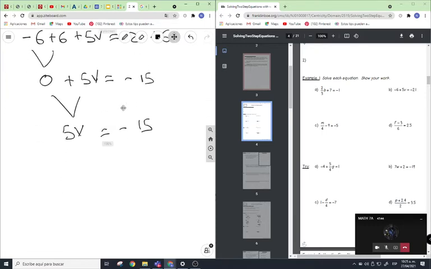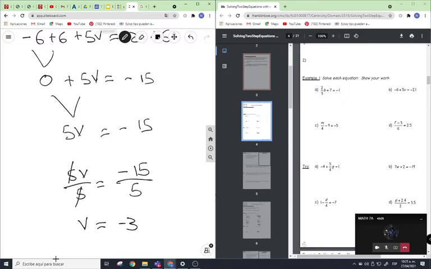Now we have to get rid of the 5, and since it is multiplying, we have to divide by 5. Okay, and we also have to do the same on the other side to maintain the balance. These two things go, and you just get the v, and negative 15 divided by 5 is negative 3. You see? V is negative 3.